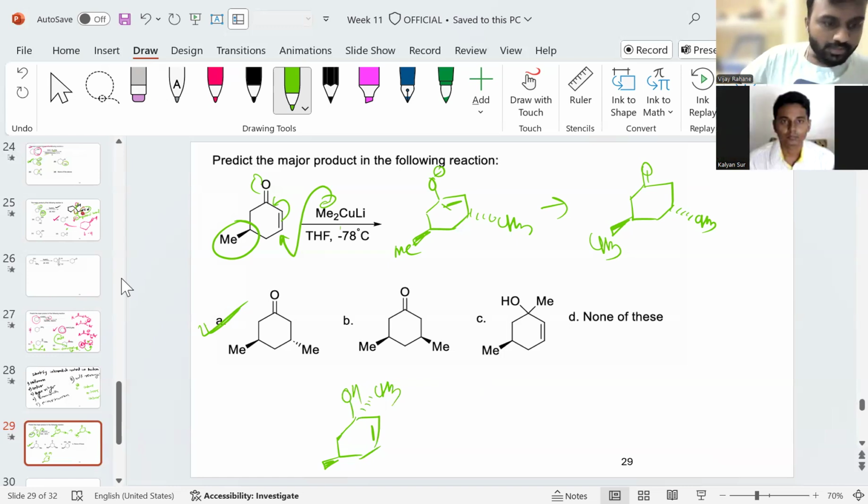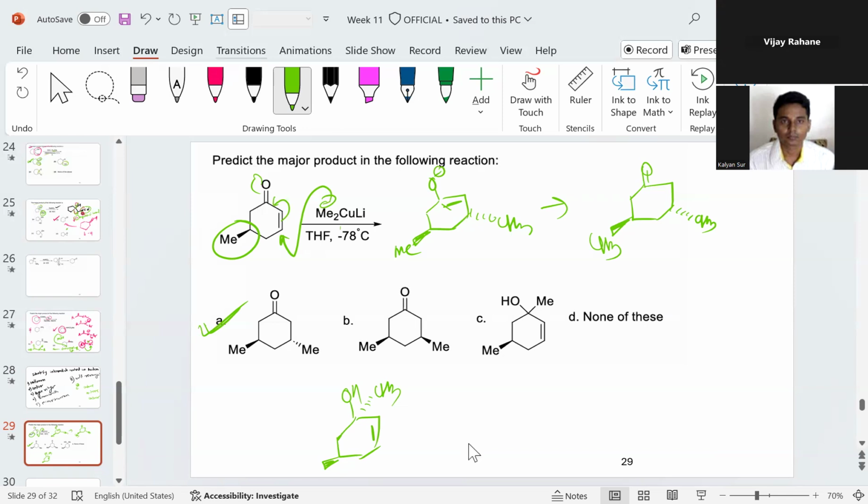Sorry, you were not audible. In the Staudinger reaction, if we use water instead of acid, what will be the product? The product will be amine or cyanide? Staudinger reaction.